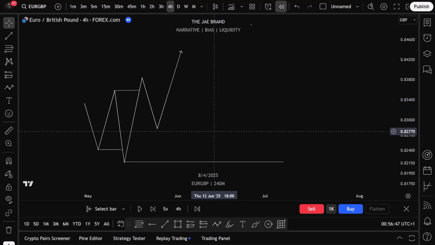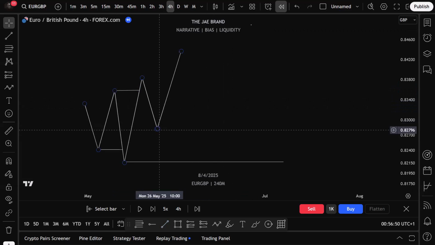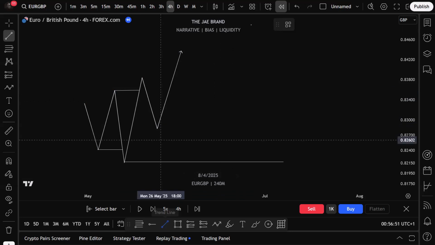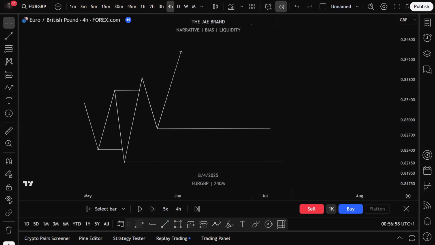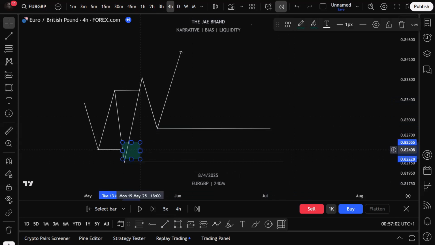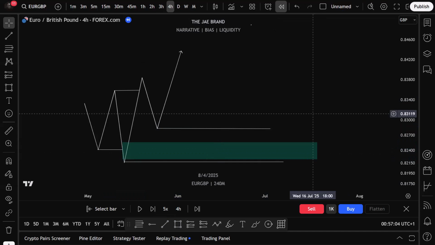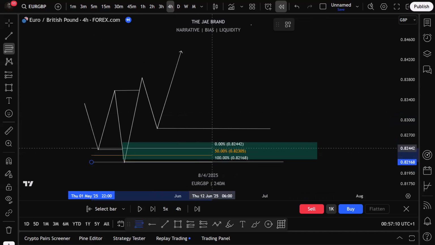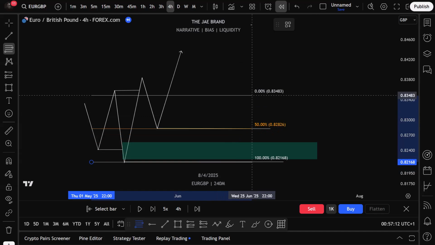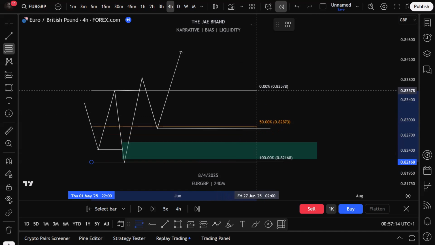Now, how do we validate if this is supposed to be our structural liquidity? Now, how do we validate if this structural liquidity is valid or correct? Okay. Now, it is simply done by taking your fib tool, plotting it from the last low or your protected low to the recent break of structure.